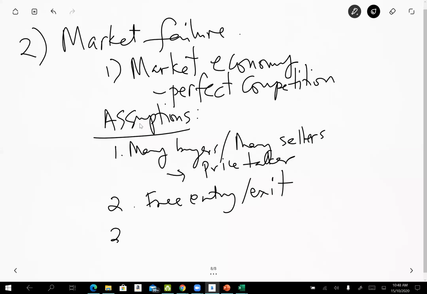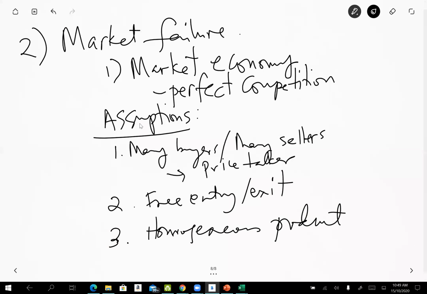Number 3, homogeneity of the product. Homogeneous product, identical product. All these assumptions would lead to the perfect competitive outcome. What else?